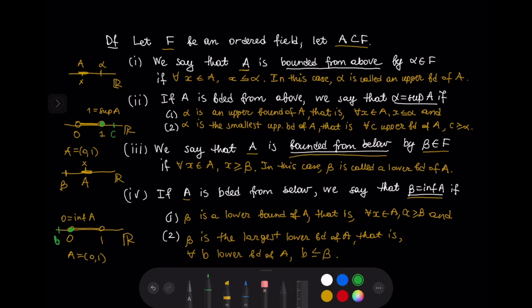Okay, so we have completed this step of defining the sets bounded from below, the sets bounded from above, and infimum and supremum. This was the step toward formulating the completeness axiom of real numbers.